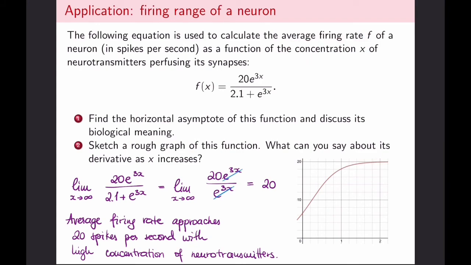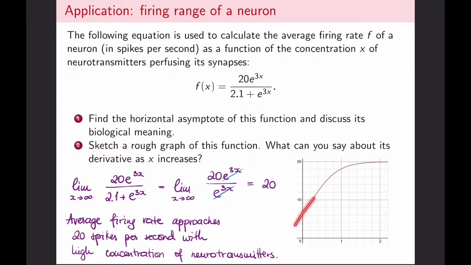So what can you say about the derivative as x increases? The derivative of the function, first of all, represents how fast the firing rate increases or decreases, the rate of change. On the graph, the derivative represents the slope of the tangent line. So let's think about tangent lines here.